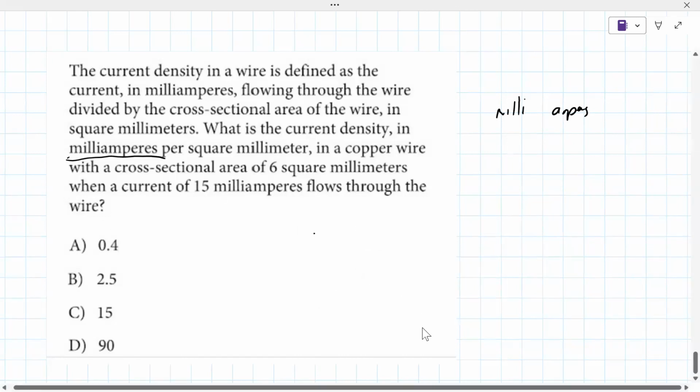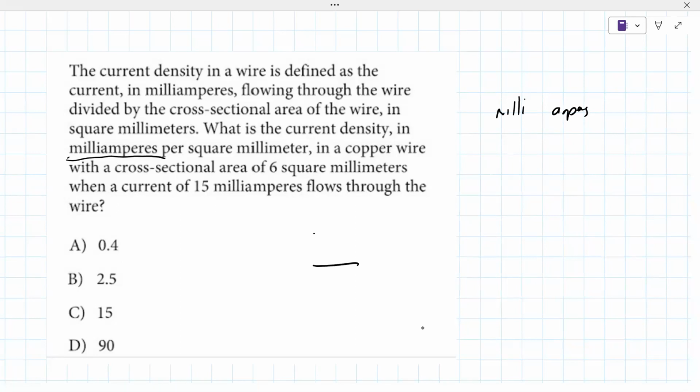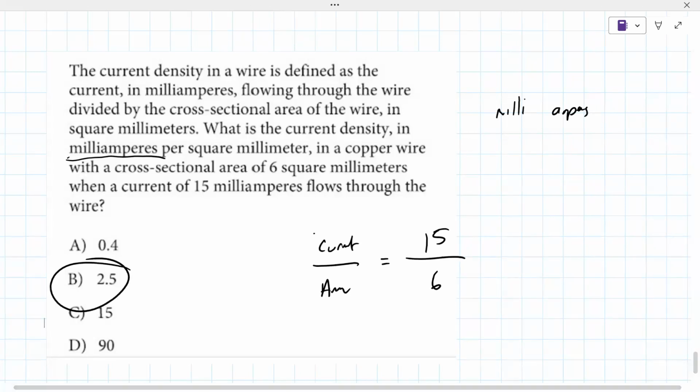So it's easy to get these flipped, which is what I was alluding to. It's the current over the area. So it's 15/6. Okay. So B. B. Good.